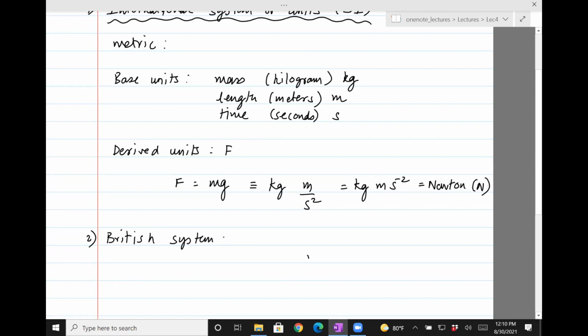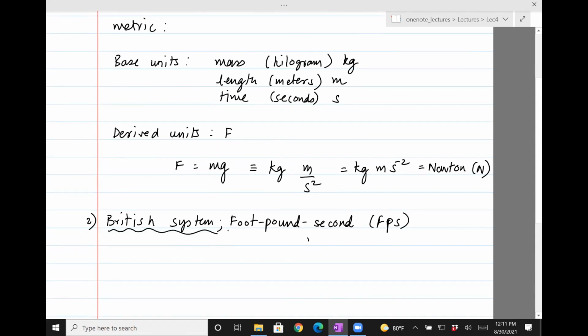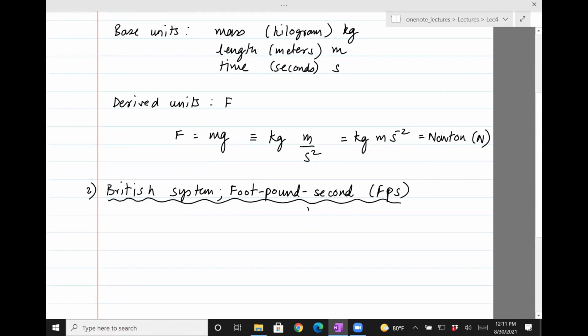It's also known as the foot pound second system, or FPS. Here the base units are as follows.